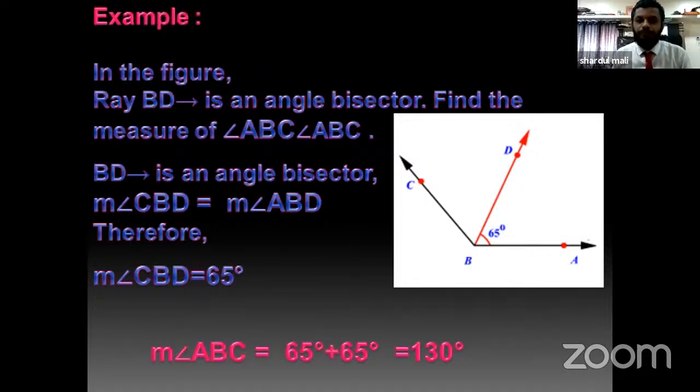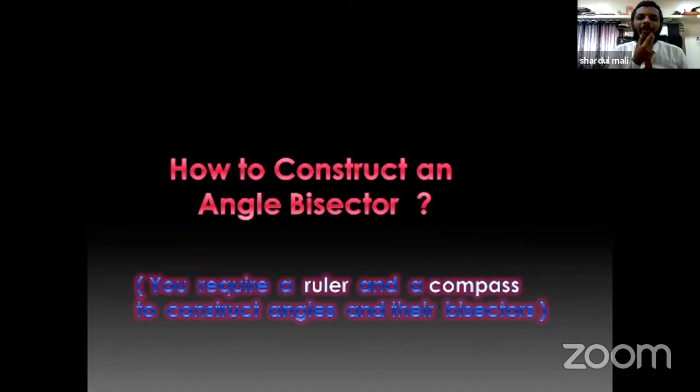Next, the main point of this chapter: we are going towards how to construct an angle bisector, or how we can draw the diagram of the angle bisector.